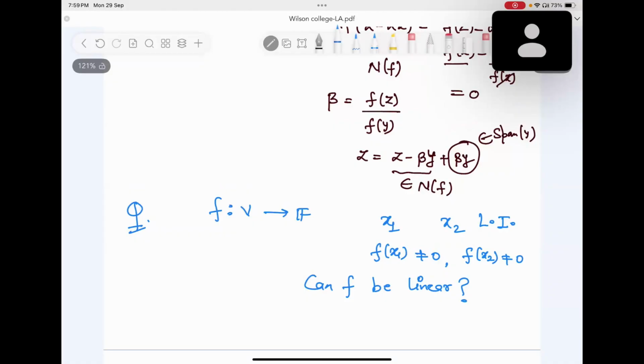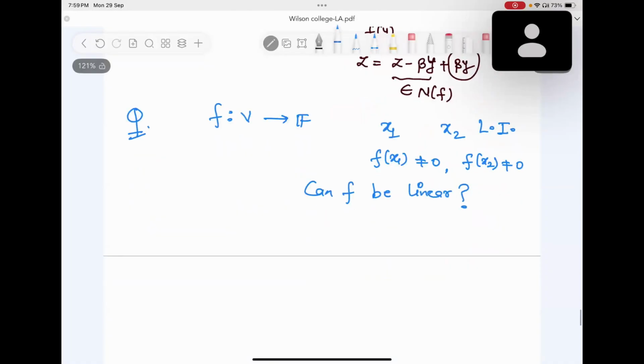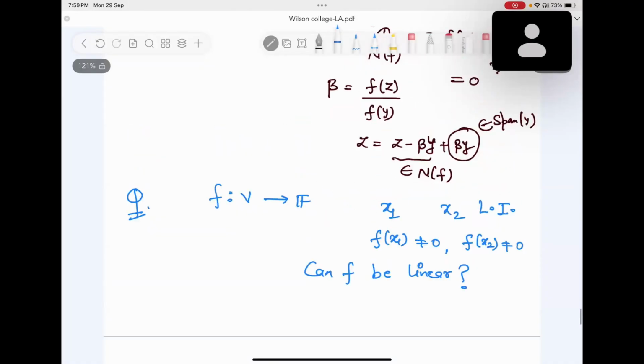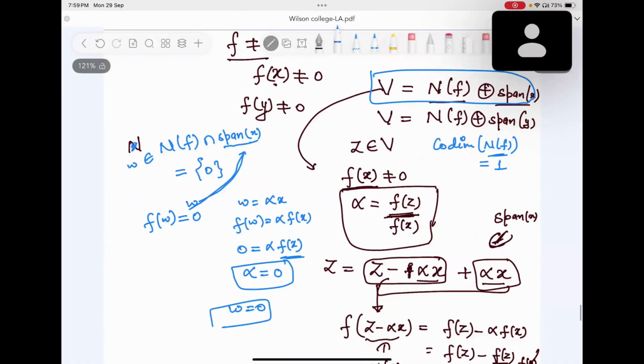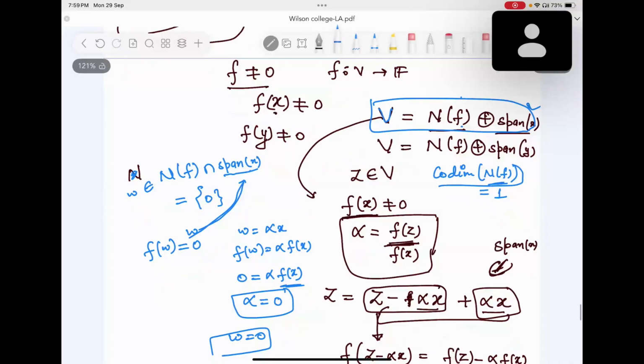Am I audible? Yes, I'm thinking. Okay, so can this f be linear? Because here you are saying V can be written as the null space of f direct sum span of x, which means codimension is only one.